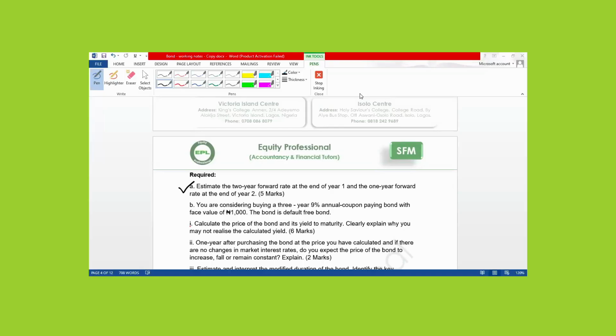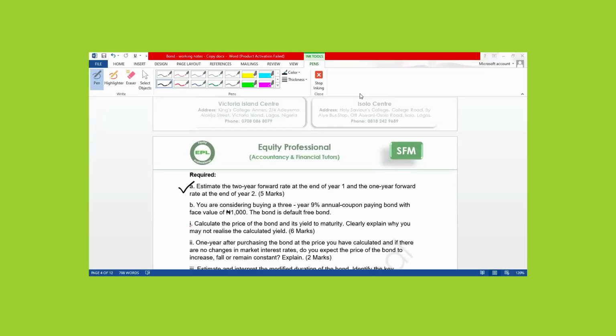You are considering buying a 3-year 9% annual coupon paying bond with a face value of 1,000 naira.